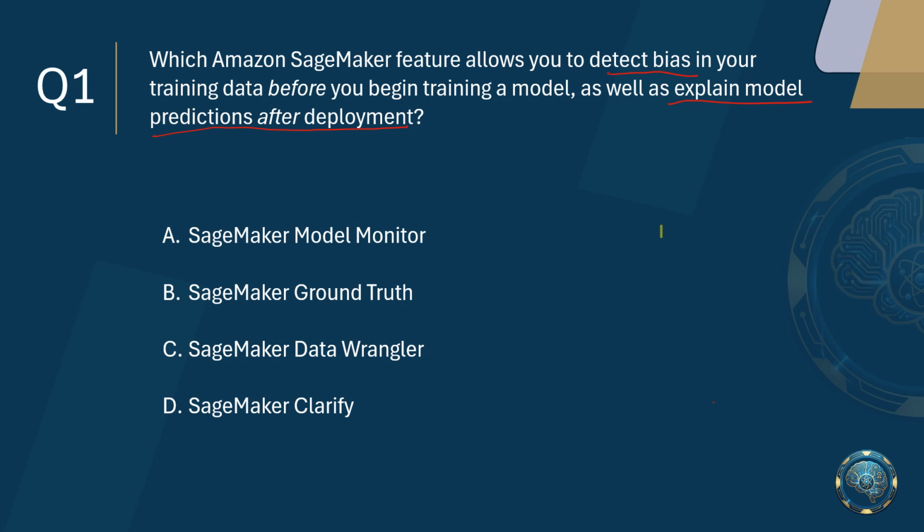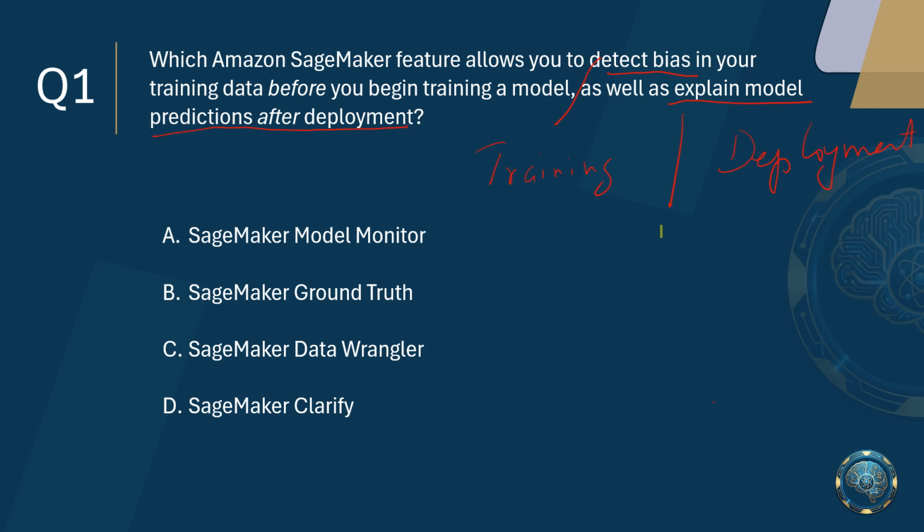Phase 2 talks about after deployment. We can break the question into two. Let us write down for our ease: training and deployment. Your answer should fall in both the phases.